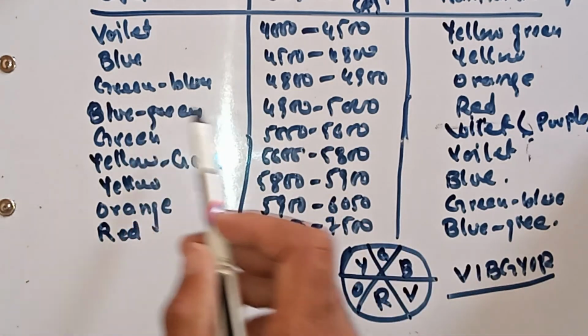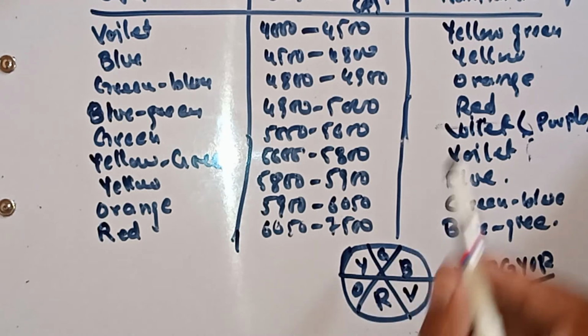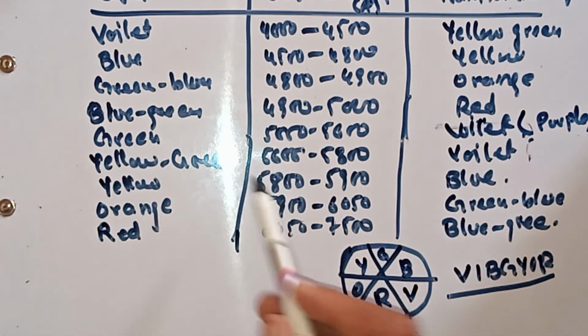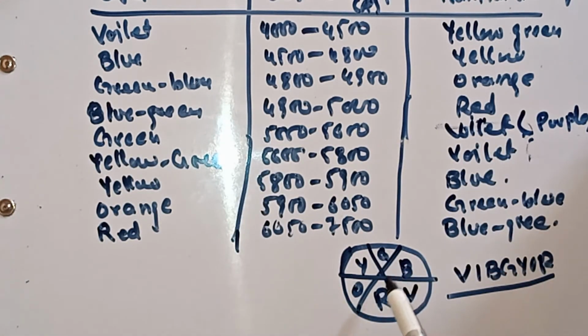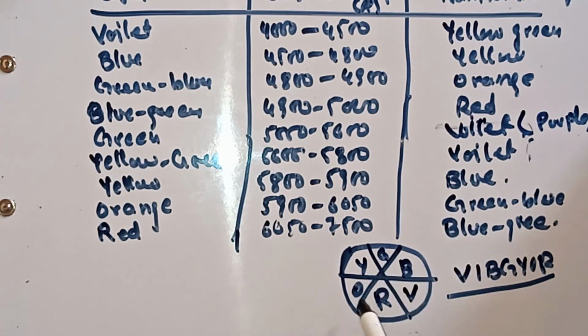Green blue is near to orange, blue green is red, while green is violet. You can take the concept from this point. You can learn it by heart from this table.